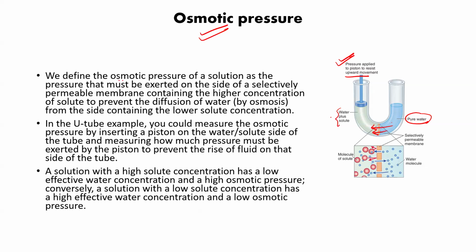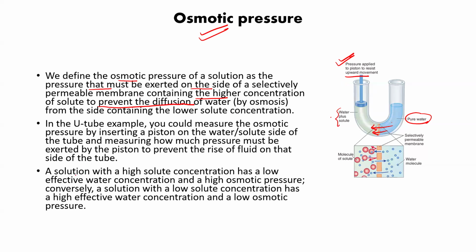The osmotic pressure is a pressure which is exerted on the side where there is high concentration of solute to prevent the movement of water into it. Is it clear? So this pressure which we are applying is known as osmotic pressure.